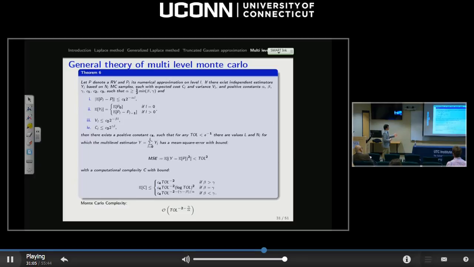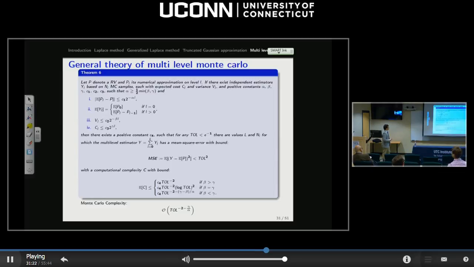The weak error is the expected difference between the random variable on level L and the true random variable, and the variance is for this random variable too.